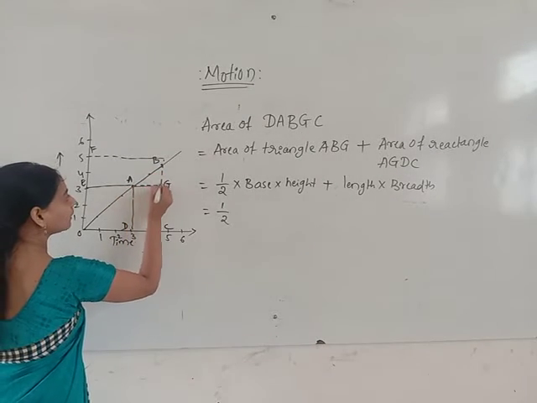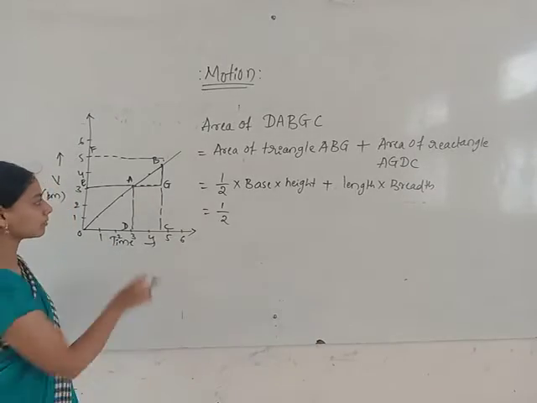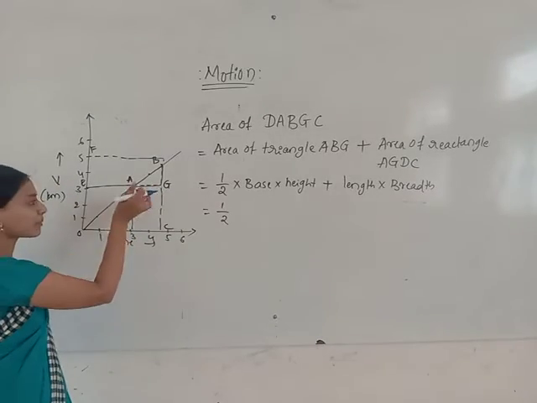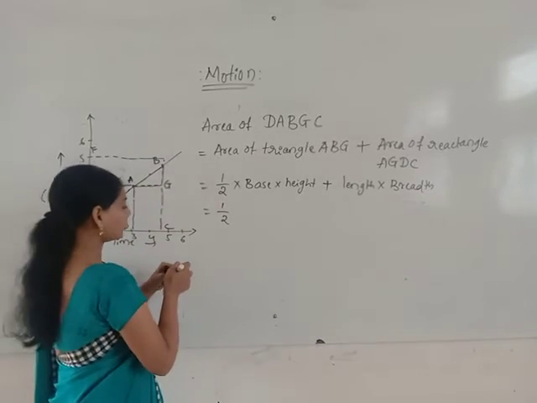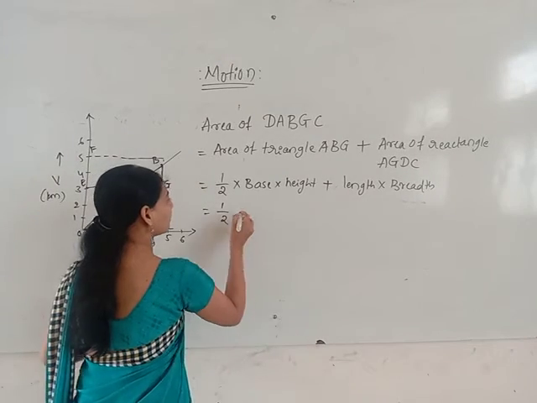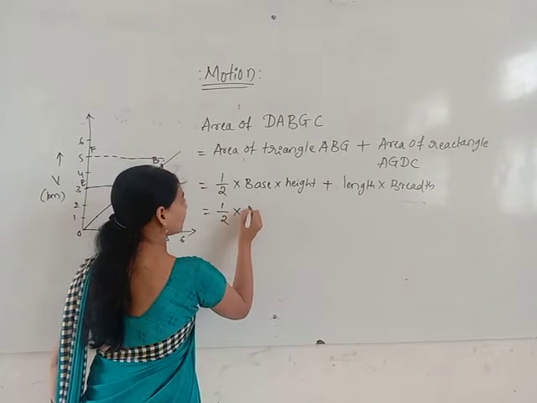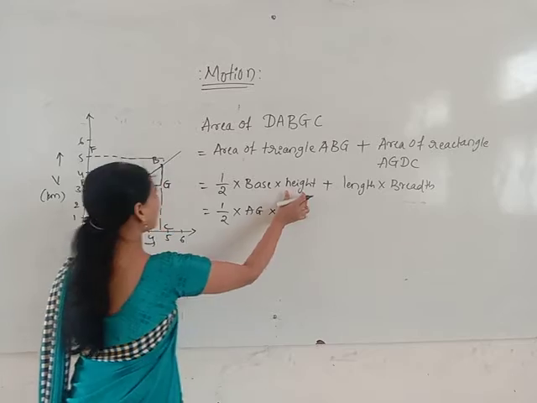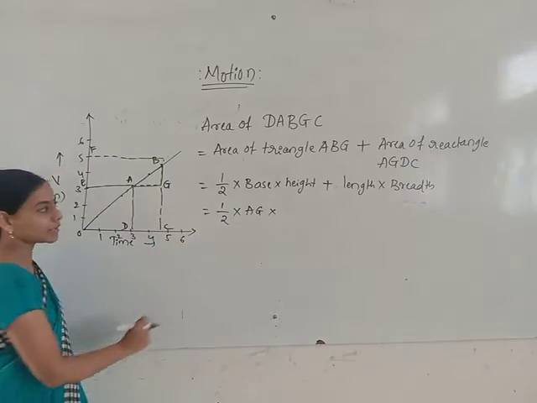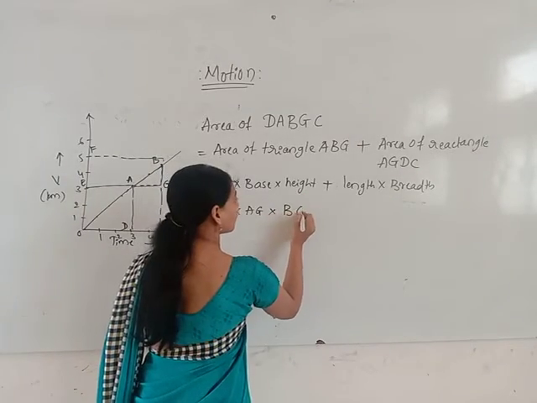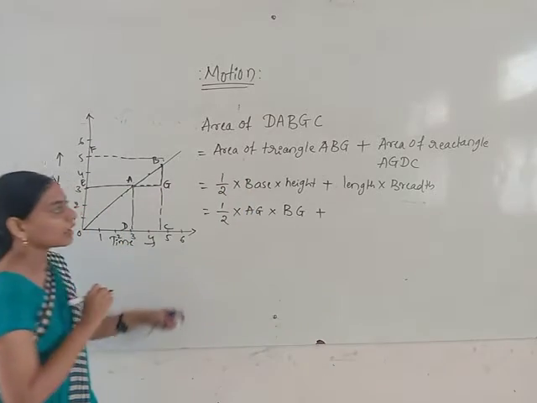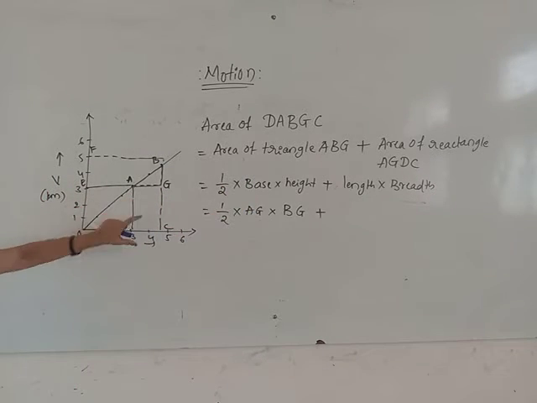In this triangle, what is the base then? AG is the base. And the height is BG, plus the area of the rectangle.